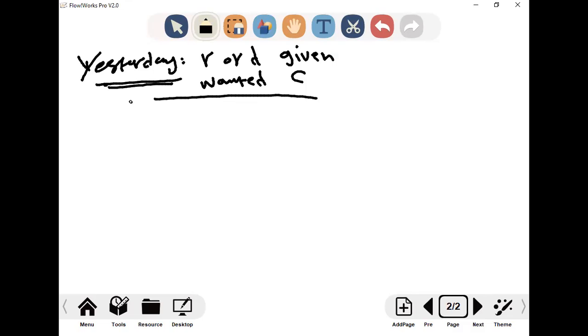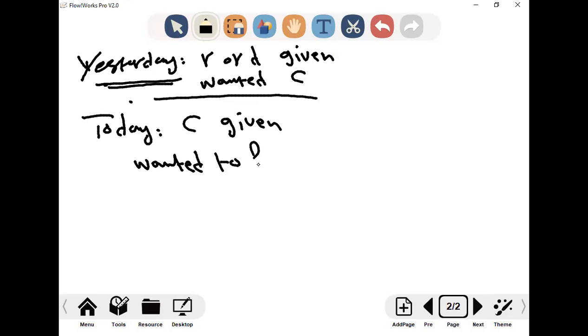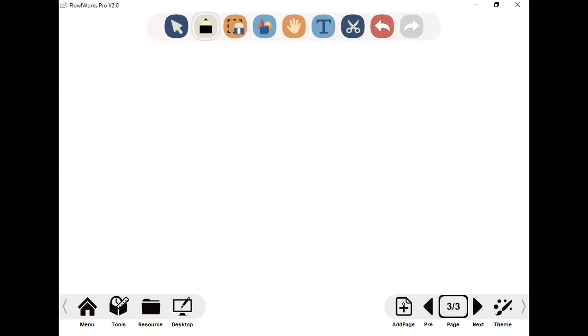Today, what we will do today, the circumference will be given. Wanted to find either the radius or the diameter. And by the way, if you know the radius, you can know the diameter. If you know the diameter, you can know the radius. We said the radius is half of the diameter. The diameter is 2 of the radius, right? Done? Yeah, let's go to example 3 now.